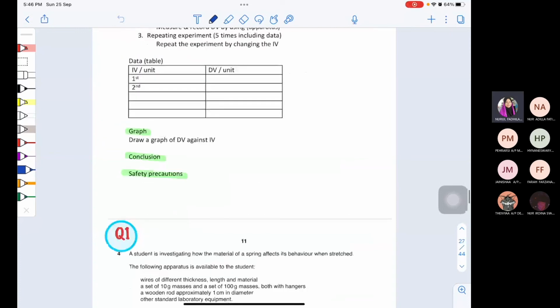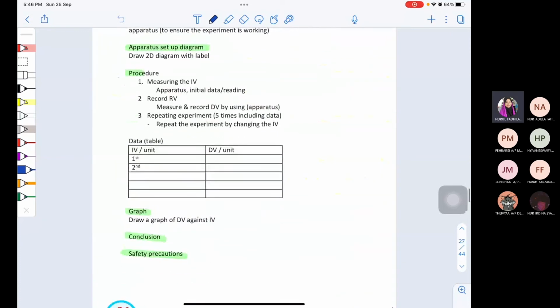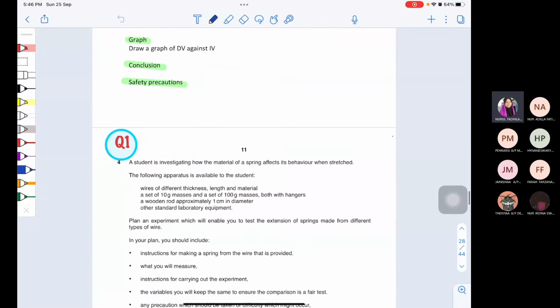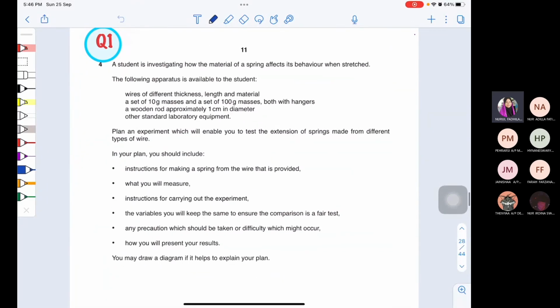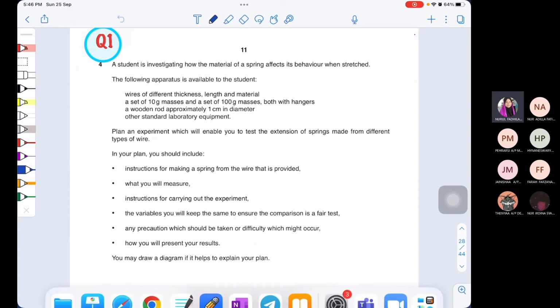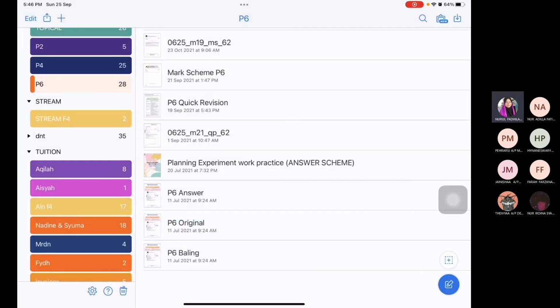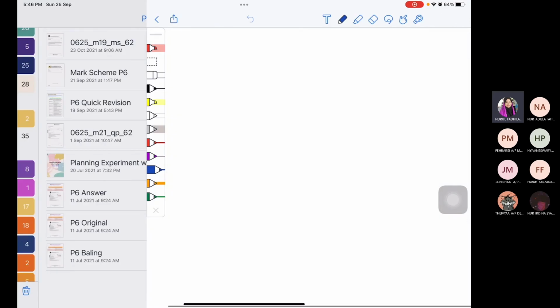There are a few questions, but the questions are getting newer. This is the basic one I showed you all. Here, a student is investigating how the material of a spring affects its behavior when stretched. It is still like Hooke's law earlier.